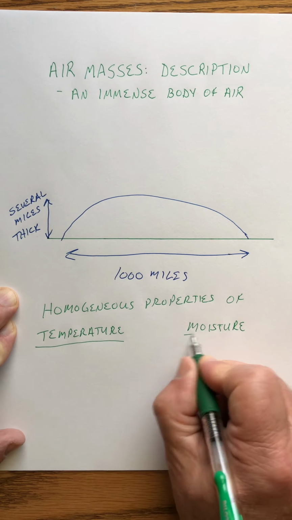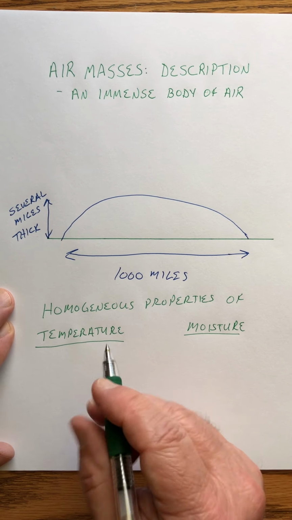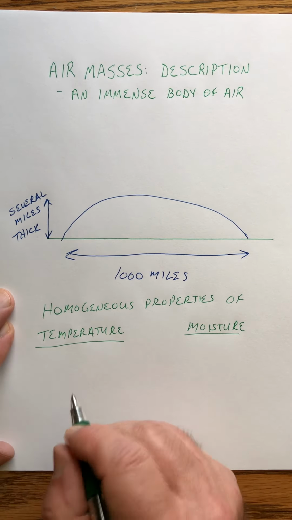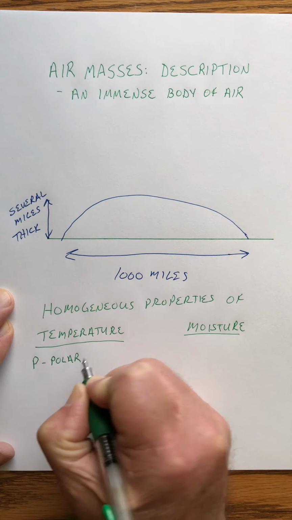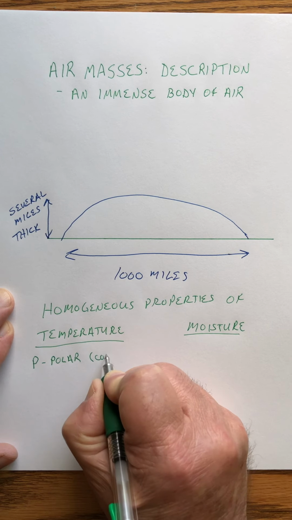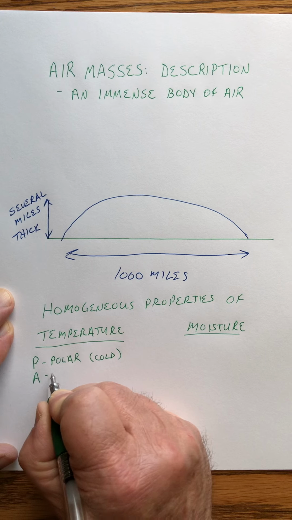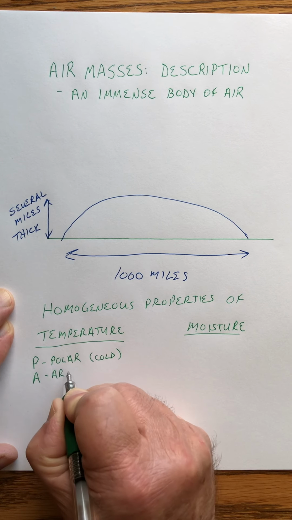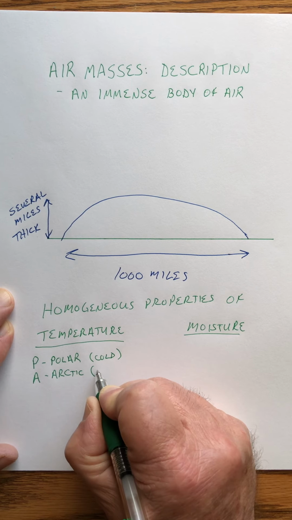So in terms of temperature, it's classified in terms of polar. So capital P for polar, and that means that that air mass is going to be very cold. There's Arctic, and this is really cold.